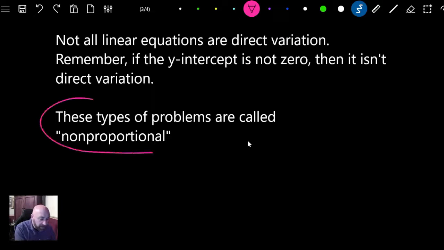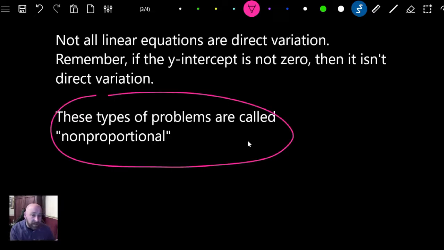Now, these types of problems, and this is again from page 319, are called non-proportional. Non-proportional. So in this lesson we're only dealing with the proportional ones, the direct variation. We'll circle back to this concept of non-proportional later.